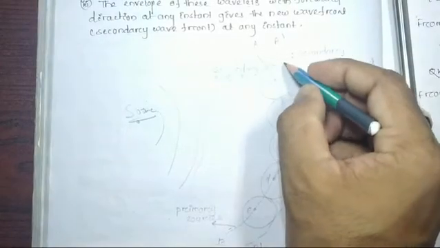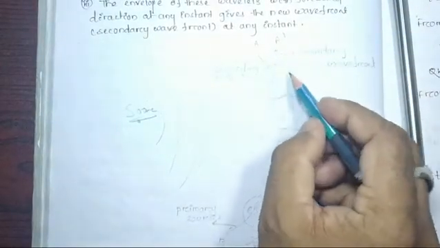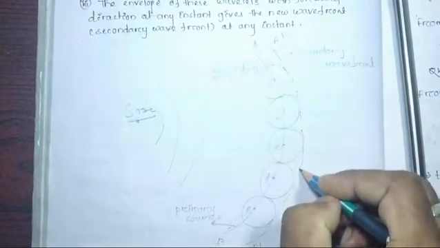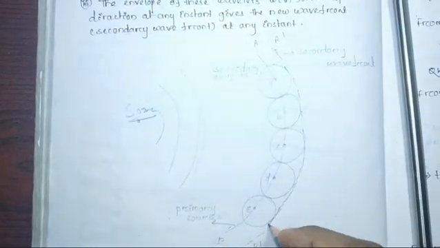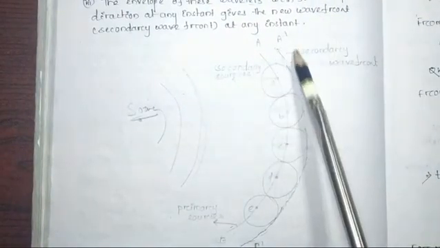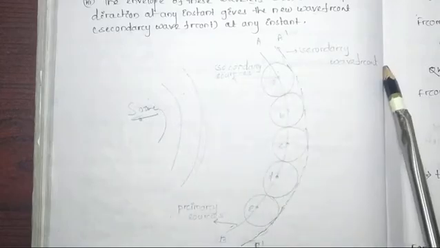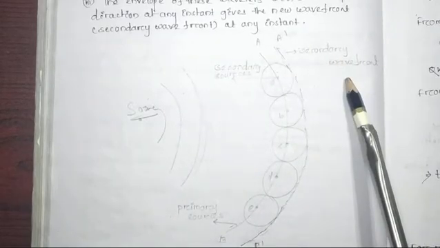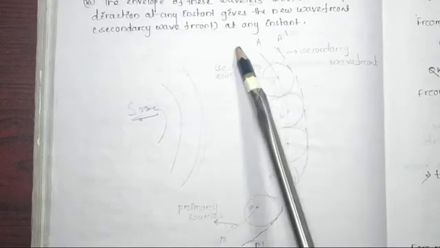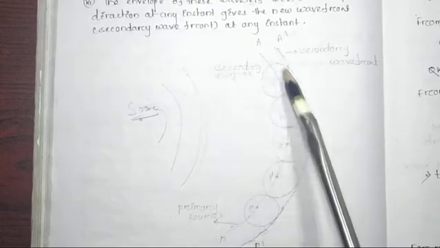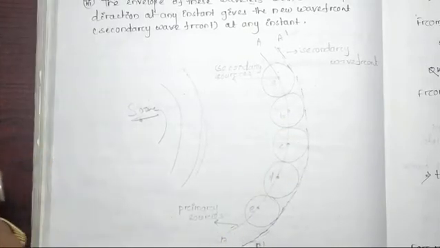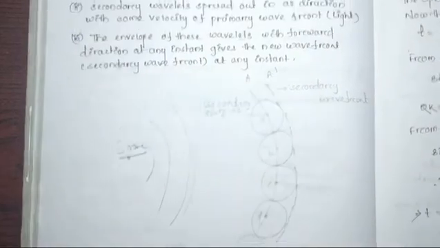If we add all of these wavefronts, this will be the other wavefront, A dash B dash, called the secondary wavefront, which is created by the secondary sources on the primary wavefront. So this is all about Huygens' principle.